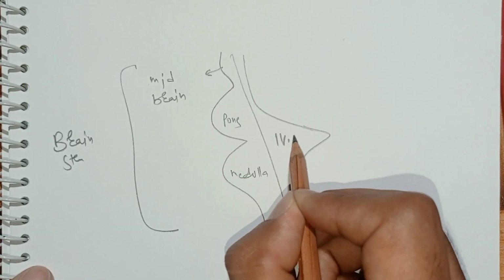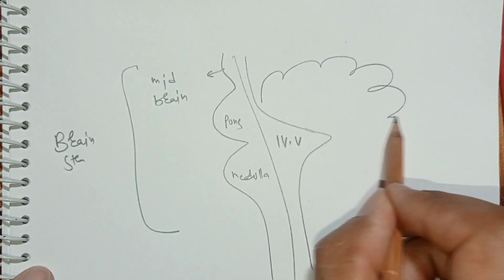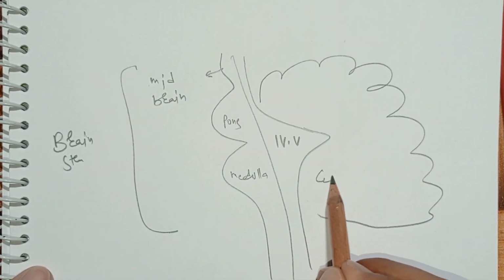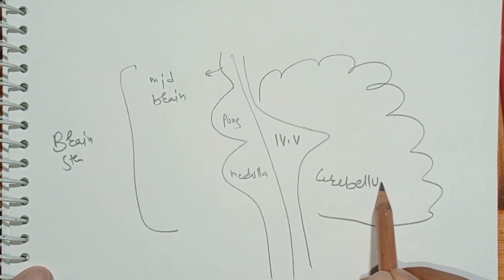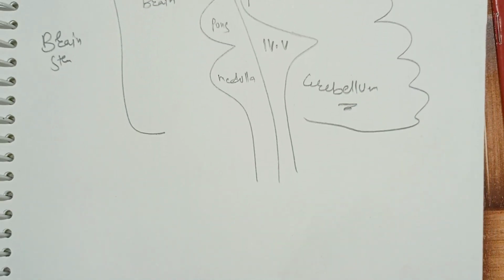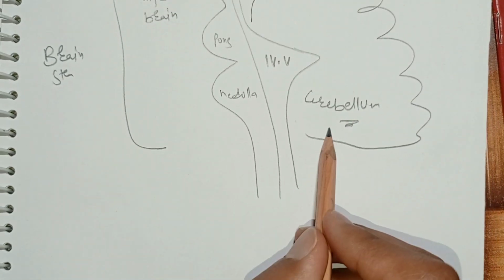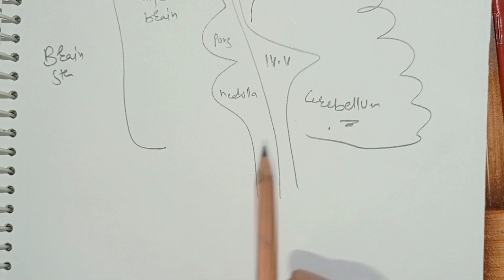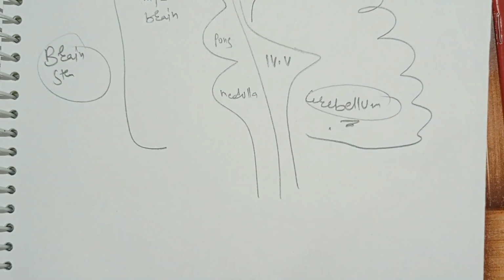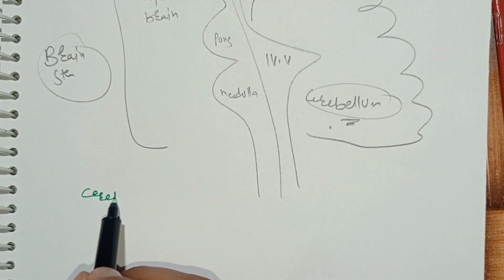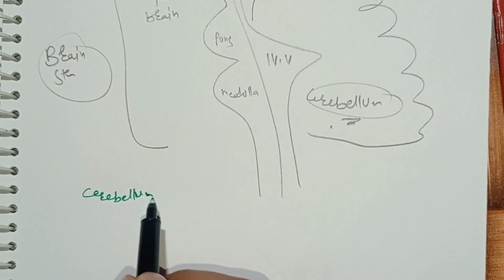And this is the 4th ventricle, and this is the cerebellum. This cerebellum is connected with the brainstem.